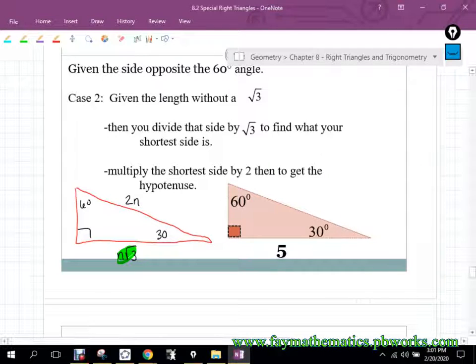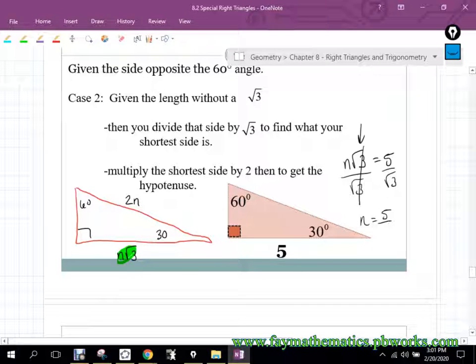So if I put those over one another and relate them, I get n radical 3 is equal to 5, right? If I want to solve for n, this radical 3 is my coefficient. So I divide by radical 3. I come over here and divide by radical 3. So I get that.